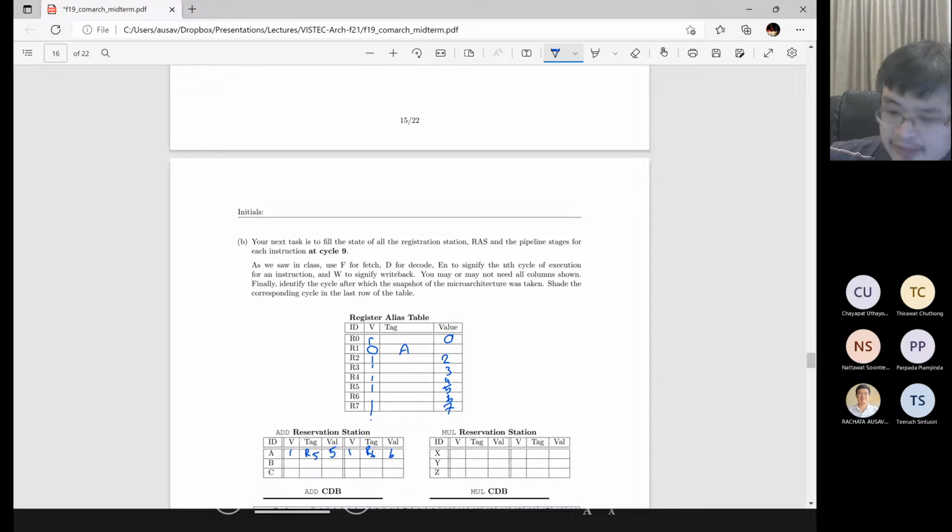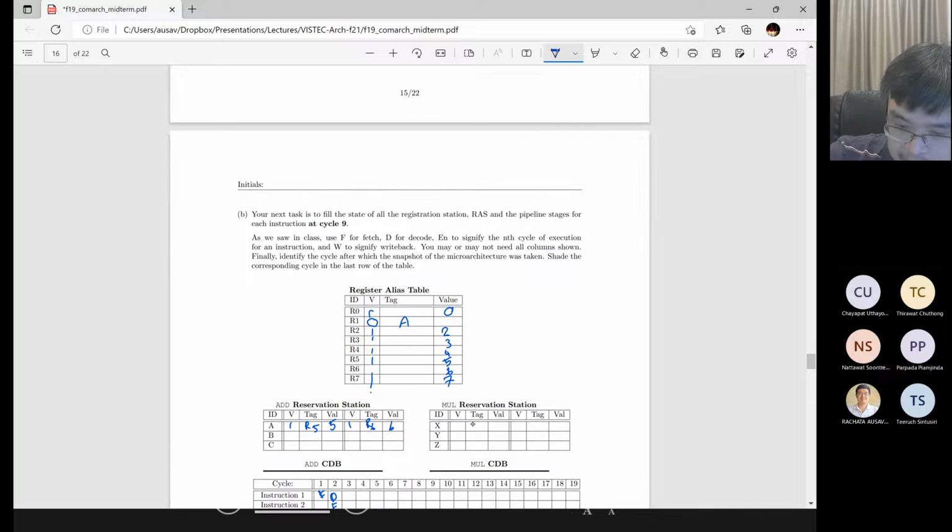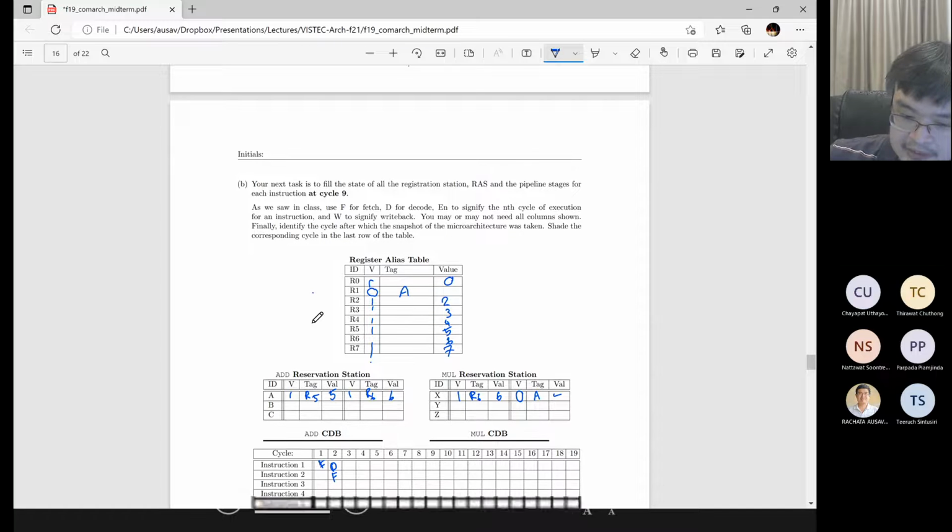So what is R6? R6 is 6, R1 is tag A. So over here you have R6 as an input, value is 6, it's valid. But over here it's not valid because you need tag A. I don't know the value yet. So that's the second fetch here.